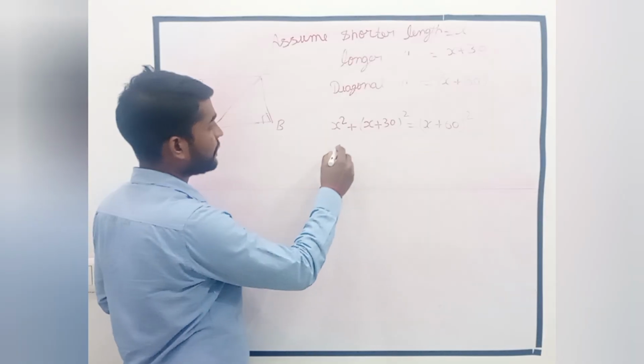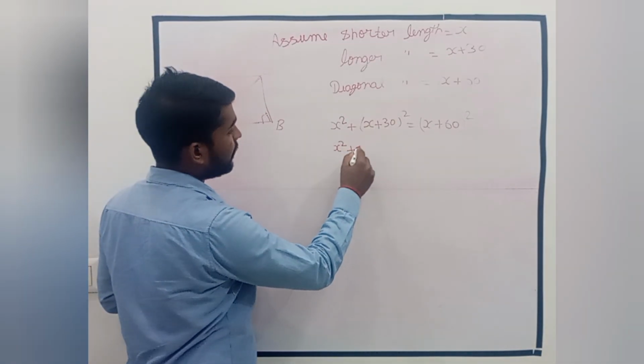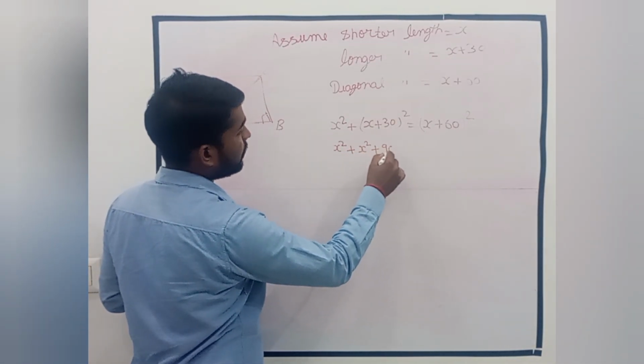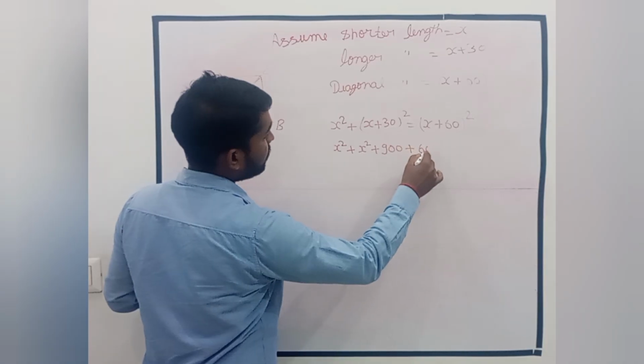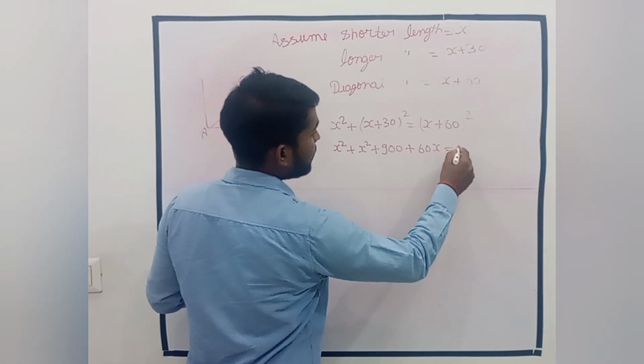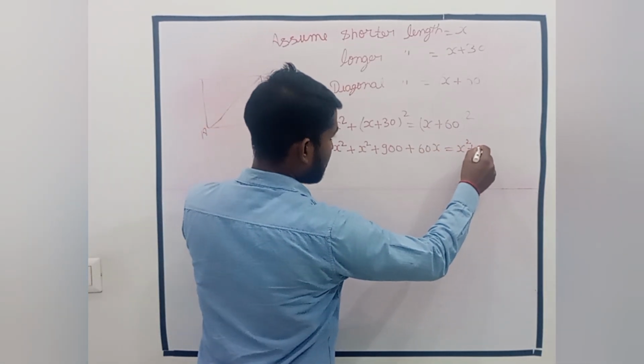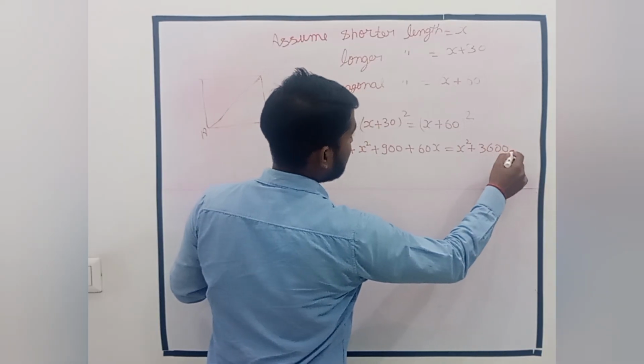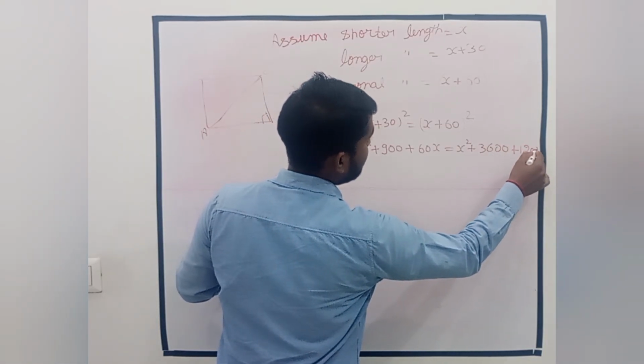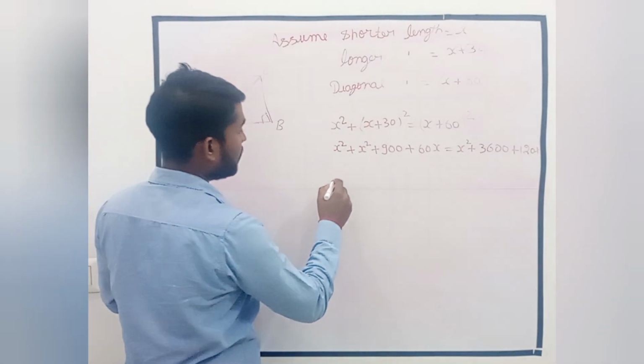and this is a form of quadratic equation to be solved, and this will become x square plus x square. And now solving this, x square plus 3600 plus 120x. We transfer all of this to one side.